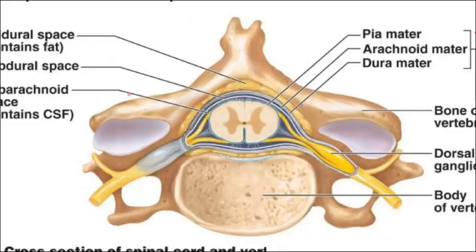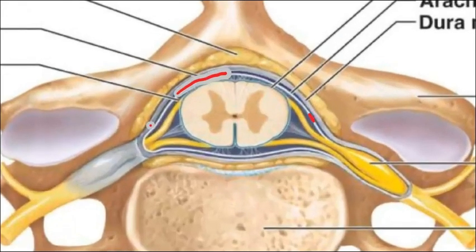There's a very, very thin space between the dura mater and arachnoid matter. So that light blue line is the arachnoid matter. You can also judge by these web-like projections that connect arachnoid matter to pia matter. The space between the pia matter and arachnoid matter is the subarachnoid space, where cerebrospinal fluid is circulated and where we take the CSF sample from.